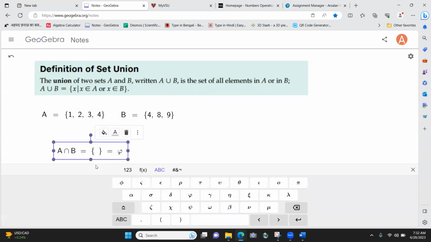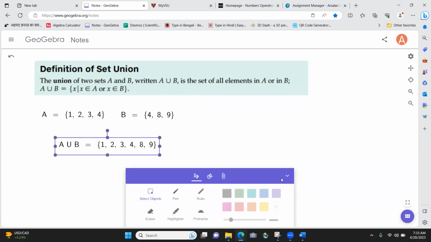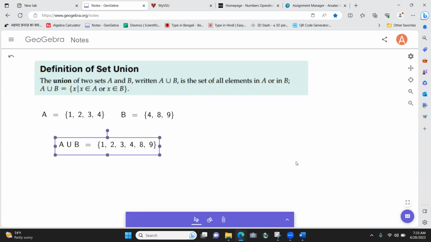And union is denoted by a symbol that looks like the letter U. Probably it does come from that word. So A union B is all the elements of set A, and then you put all the elements of set B. Now, watch, I didn't put 4 twice. You don't put anything twice in a set.